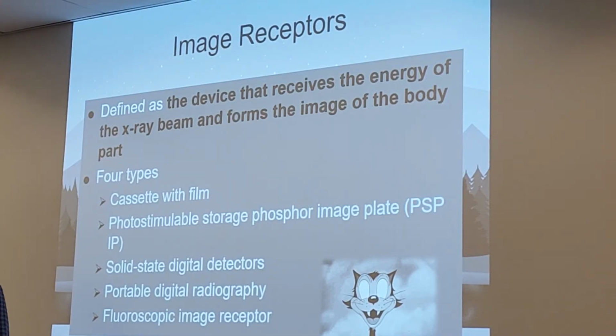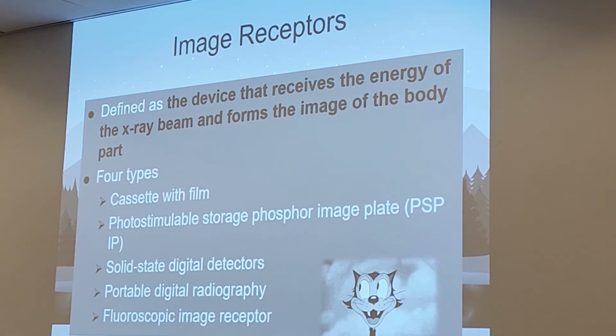Yes, Shamika. Question on the types of film. Will we also need to know what all they do as well, as far as testing? So what I would say is, know that these exist, but you do not need to know the details of the cassette with film. Okay, thank you. Back when I was in school, we did, because that's actually what we used.